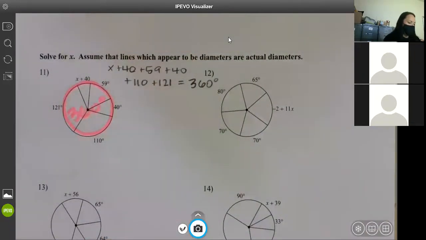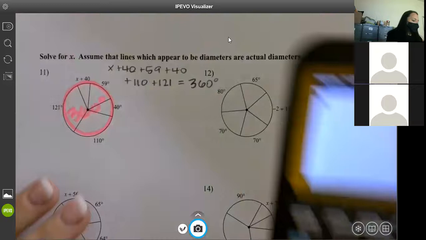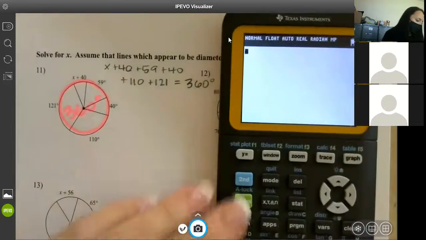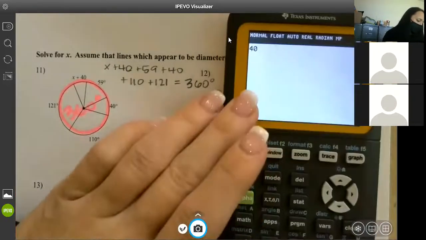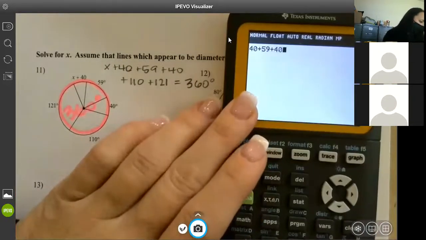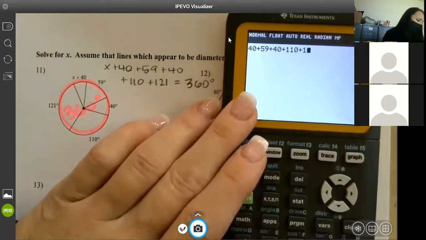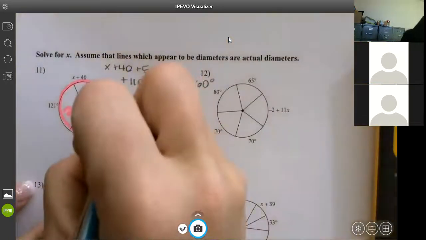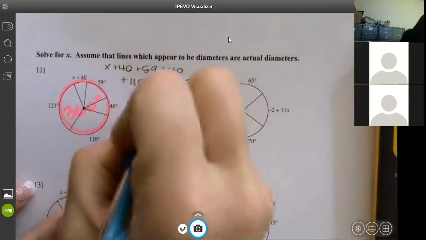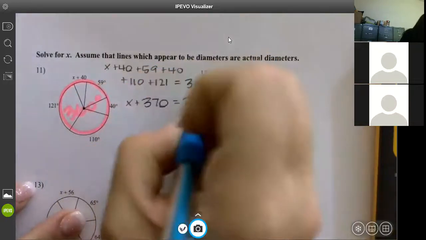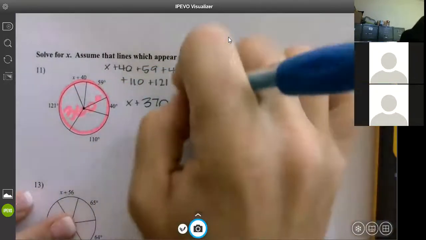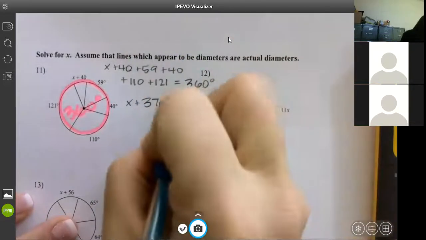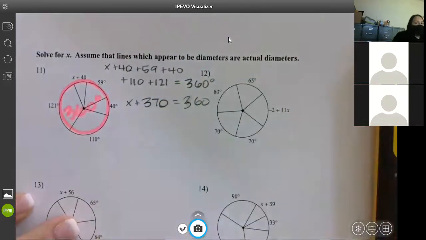All right. So I'm going to add these up. 40 plus 59 plus 40 plus 110 plus 121 gives us 370. So x plus 370 equals the full 360. And don't freak out because you have a lower number. It's okay. Don't stress out. How do we solve this?